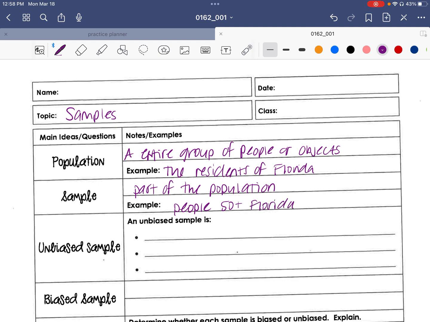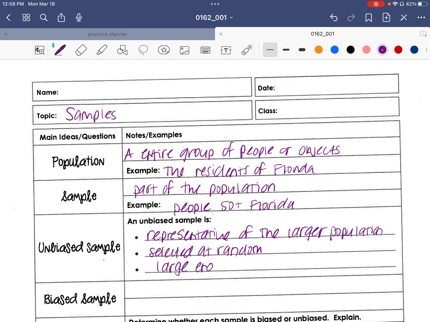An unbiased sample is a representative of the larger population. It is selected at random and it's large enough to provide accurate data.